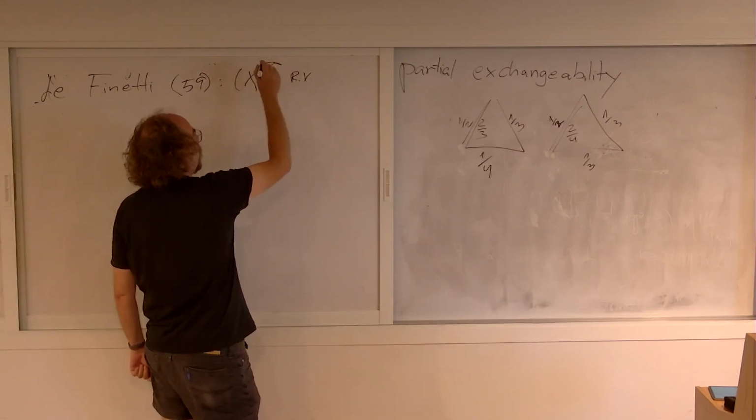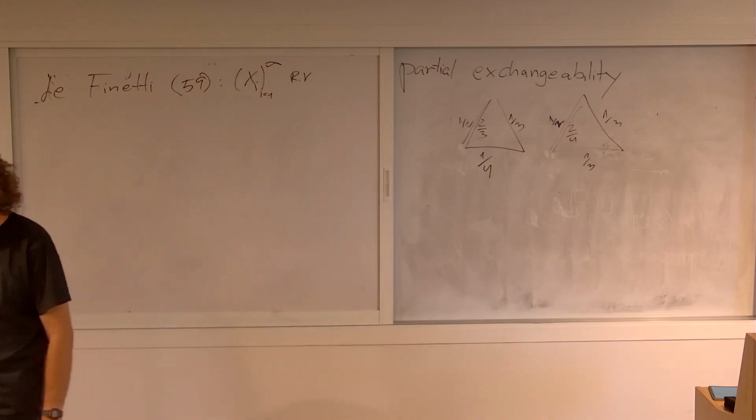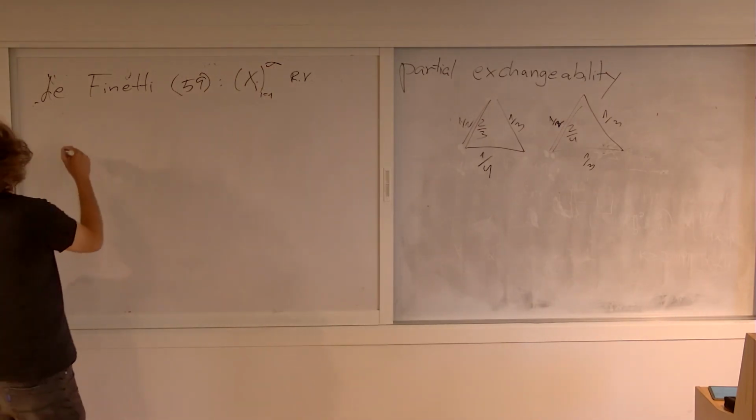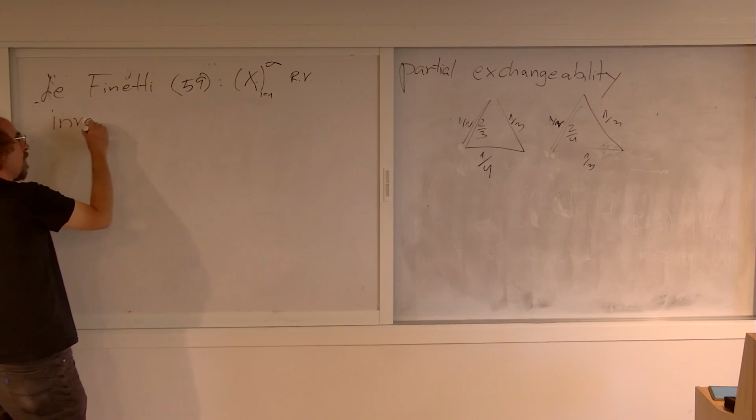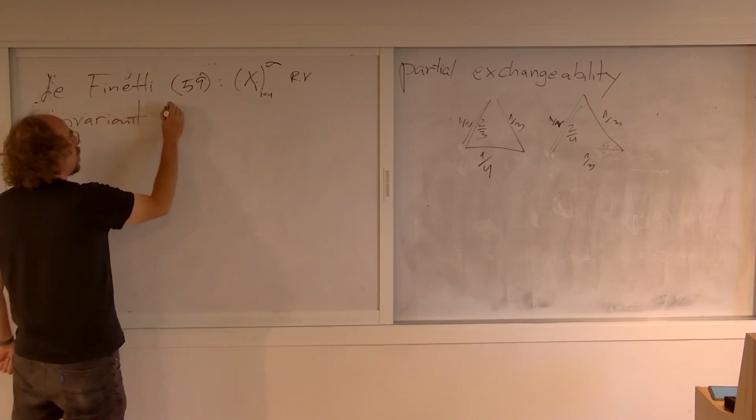It's important in De Finetti's theorem that you have infinitely many variables. And suppose the joint distribution is invariant to permutations.